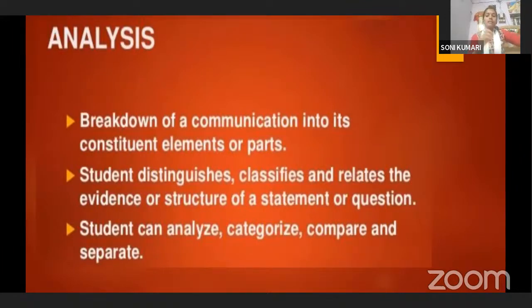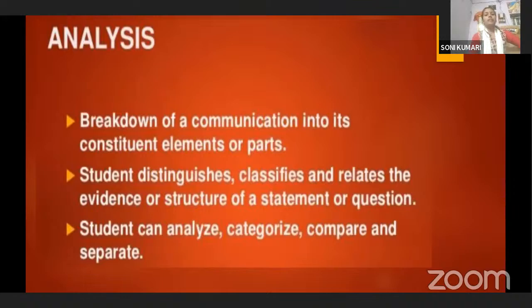If I ask you which is greater, 4 or 5, you say 5. Why? Because you have the analysis power and you can characterize these numbers, so you say that 5 is greater than 4.